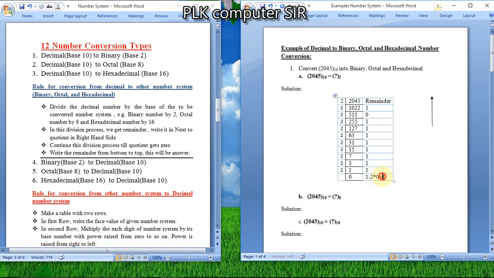My dear students, now we are getting 0, it means this is the answer. I have done the divisions, and I have also written the remainders. Now the quotient is 0. What do I have to do at last? I have to write the remainders from bottom to top. That's why I have kept one arrow here. My dear student, so let me make it straight.